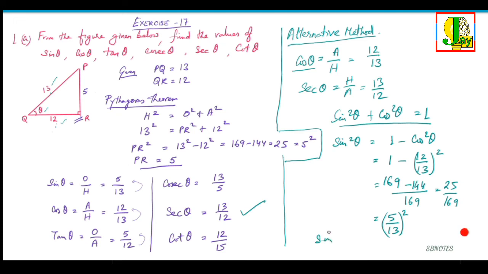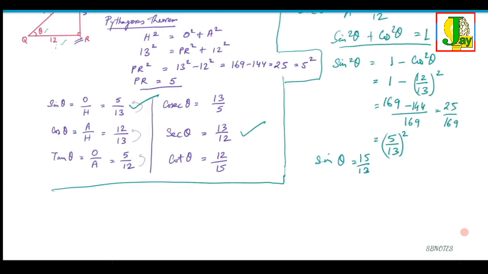So sin theta equals 5 by 13. You can also see that sin theta is 5 by 13 here. So cosec theta equals 13 by 5. We can say it here.